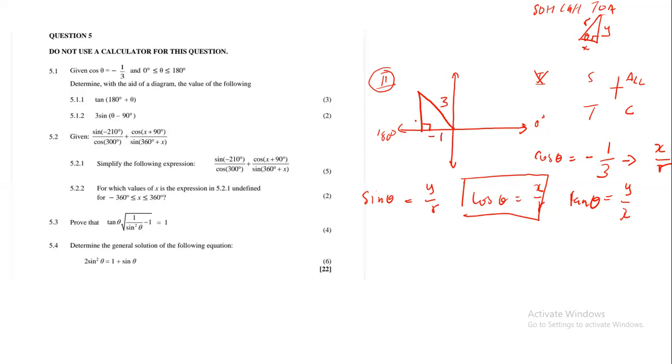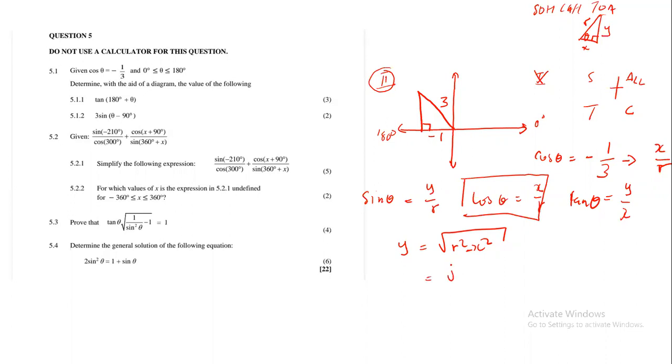That means we are left with the value of y. How are we going to determine that? By using Pythagoras theorem. To determine the value of y, we say y is equal to the root of r squared minus x squared.